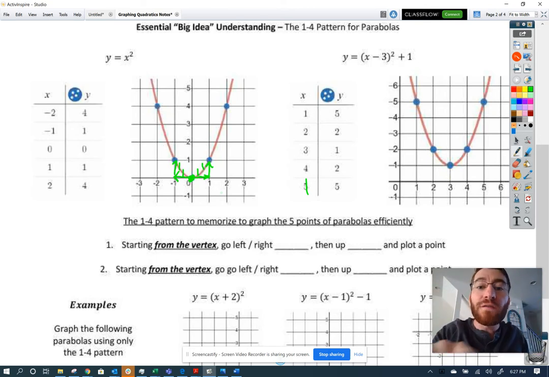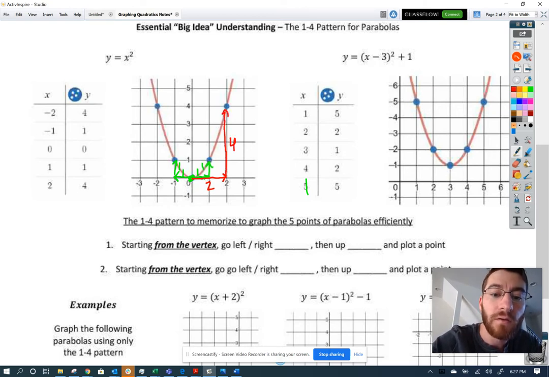So the 1, 4 pattern means 1, 1, then you go over 2, 4. So here's what that looks like. So we're going to draw another arrow, starting from the origin and over 2, because that lines up with our next dot. Over 2, up 1, 2, 3, 4.